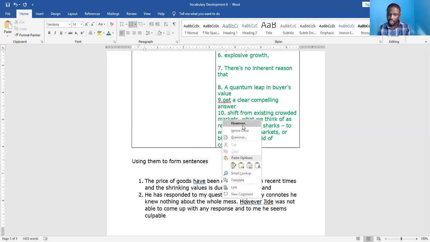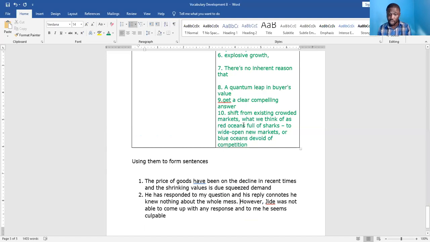However, Jide was not able to come up with any response, and to me he seems culpable. Culpable means he is likely guilty.